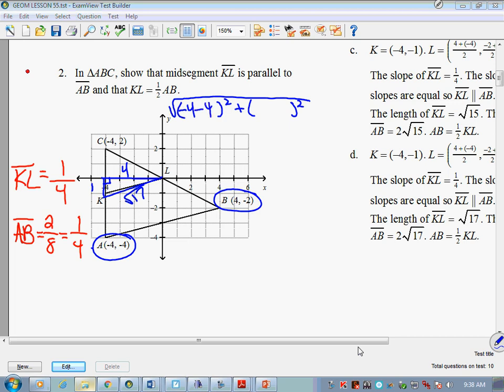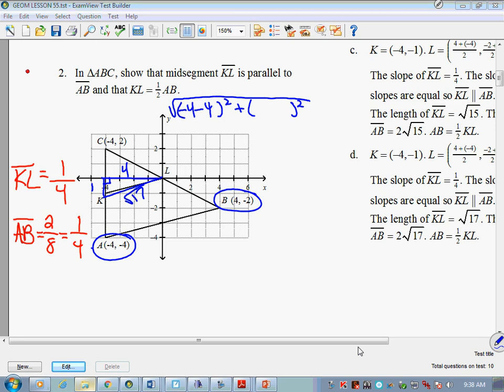And if we need to, we can always go back to the back of our book and look up the distance formula, because it should be x1 minus x2 squared plus y1 minus y2 squared. All right, so we've got the negative 4 minus 4 squared.